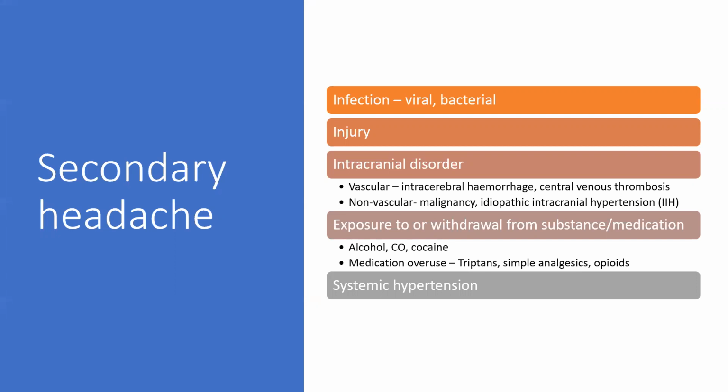These can all cause headache. Then trauma: head trauma, injury to the head and neck, which could be a road traffic accident, or in younger ones like babies, you need to think about neck injury as well.